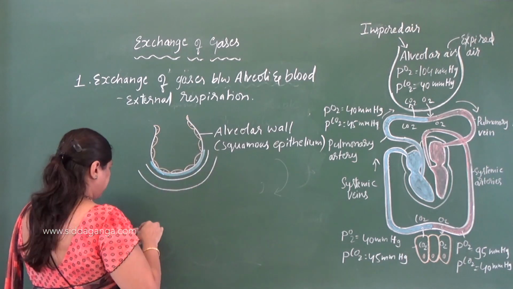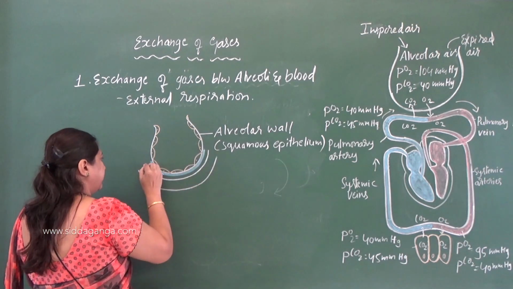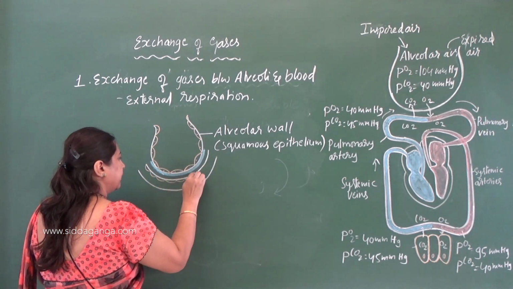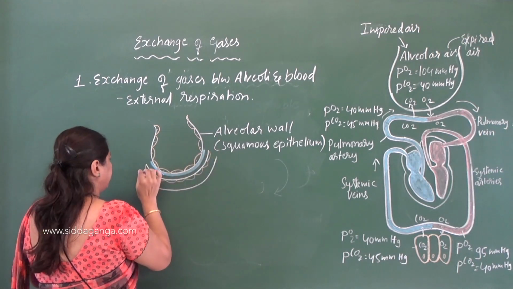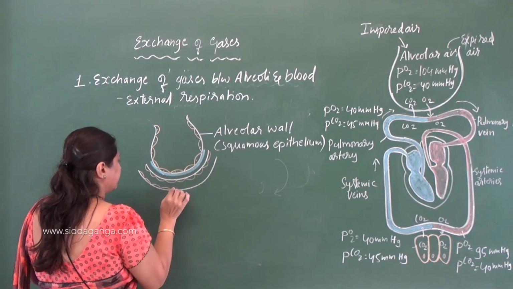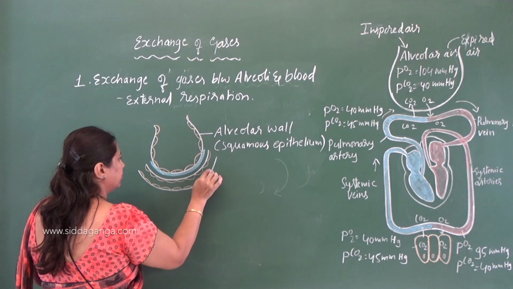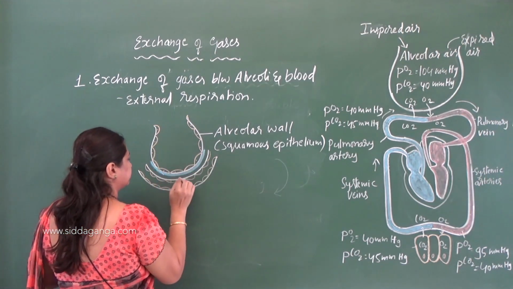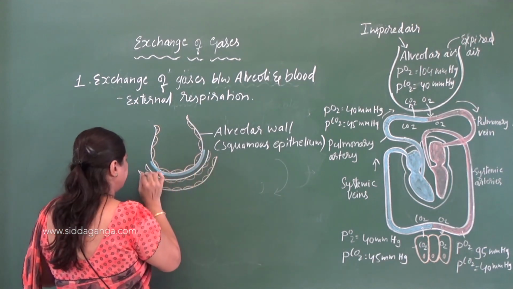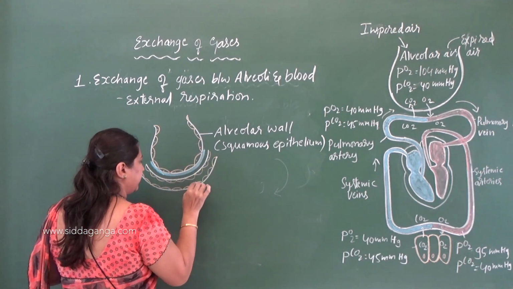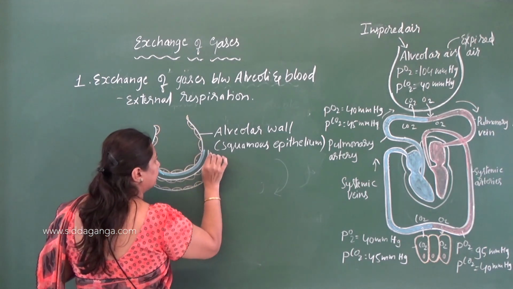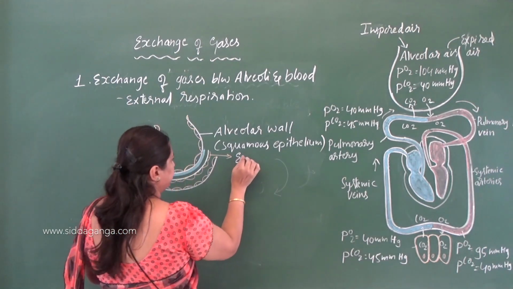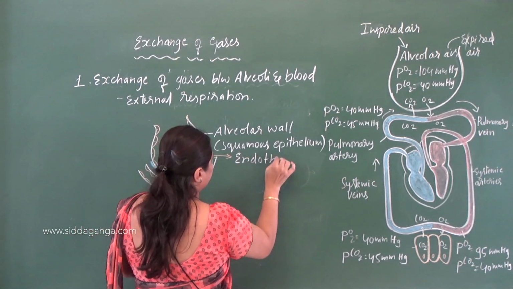The wall of the blood capillary is also made up of a single layer of squamous epithelium, just like the wall of the alveoli. The squamous epithelium that lines the blood capillary is called endothelium. So the lining of the blood capillary is called endothelium.